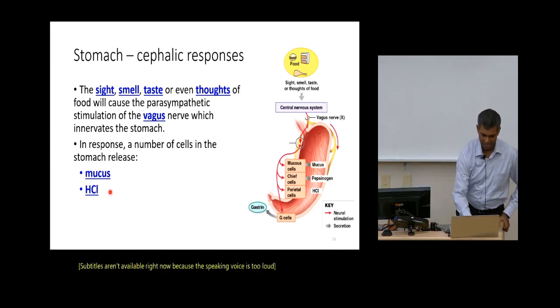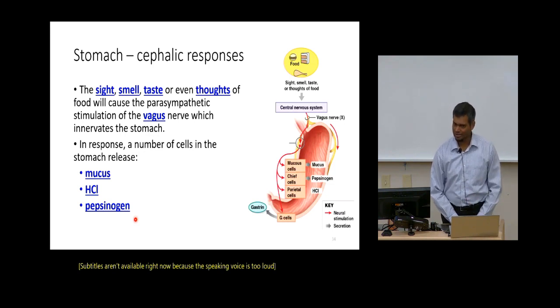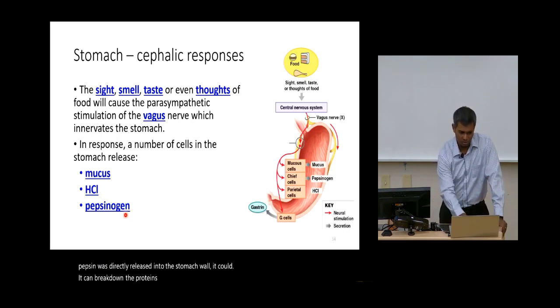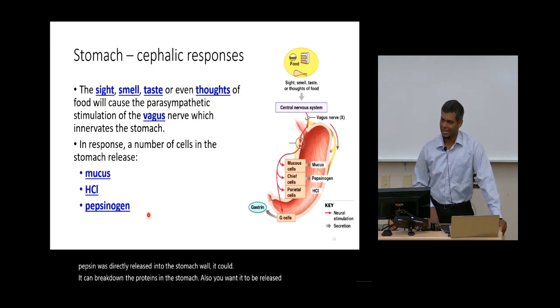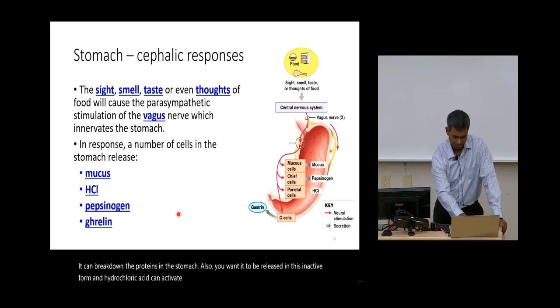Now the hydrochloric acid can also activate pepsinogen, which is the inactive form of pepsin. If pepsin was directly released into the stomach wall, it can break down the proteins in the stomach wall. So you want it to be released in this inactive form, and hydrochloric acid can activate it into pepsin.